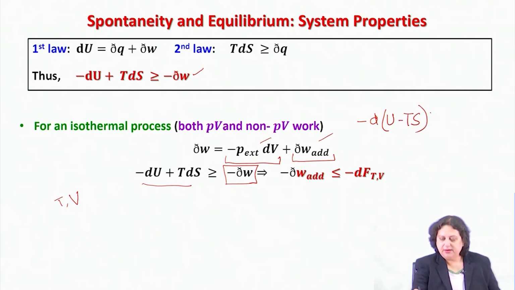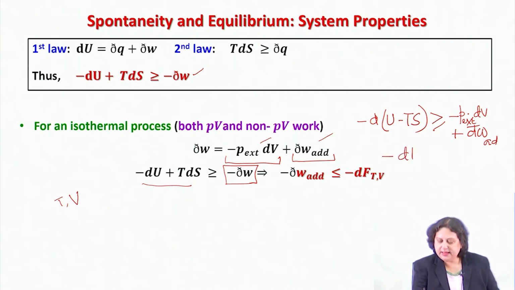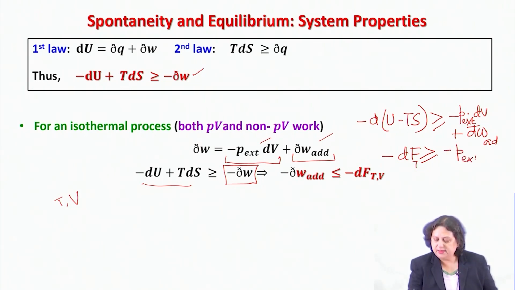That must be greater than or equal to minus P external into dV plus dW additional. So I have minus dF, which under constant temperature must be greater than or equal to minus P external into dV plus dW additional.